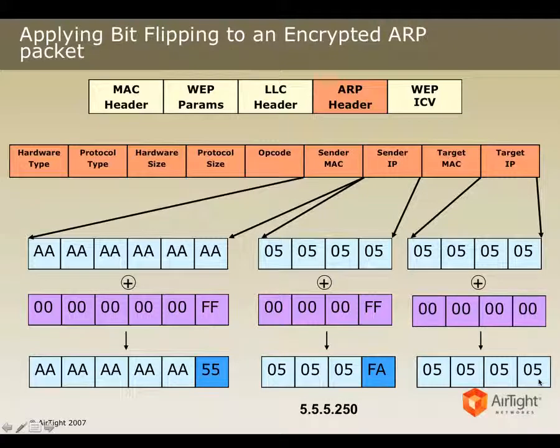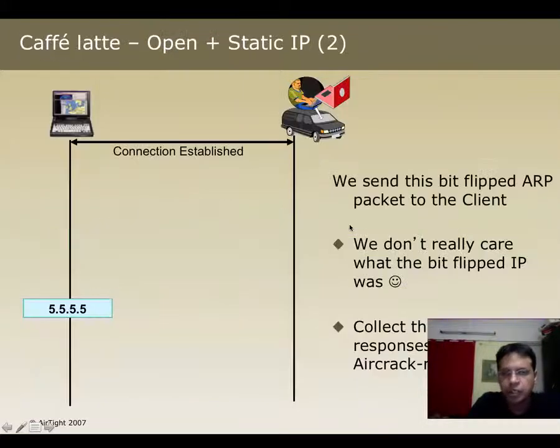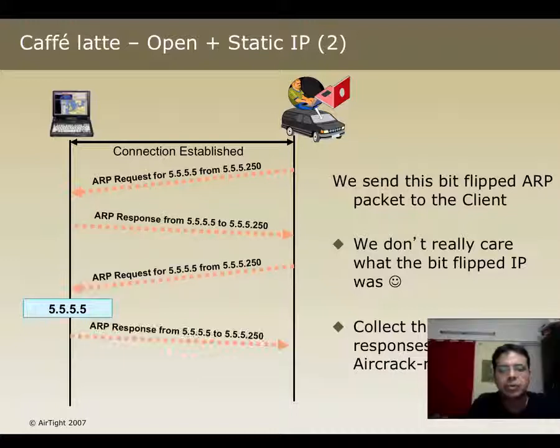And hence the victim ends up responding to this by saying, well, 5.5.5.5, that's me, and this is my MAC address. And what happens next, I think all of you are already probably guessing: the attacker just keeps resending these bit flipped packets, which end up becoming ARP request packets for the victim, and the victim keeps responding.